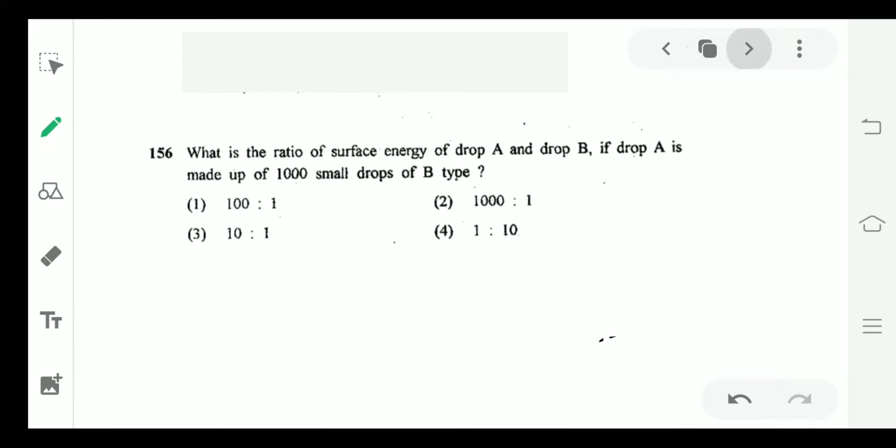Next, what is the ratio of surface energy of drop A and drop B if drop A is made up of 1000 small drops of B?